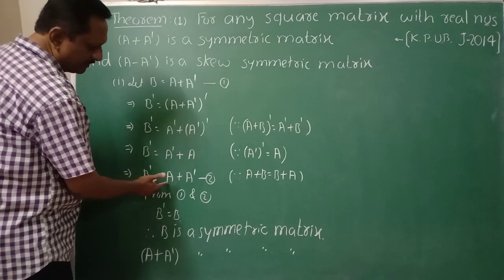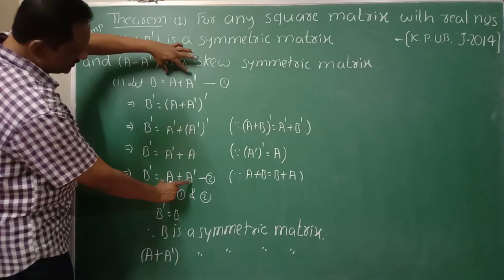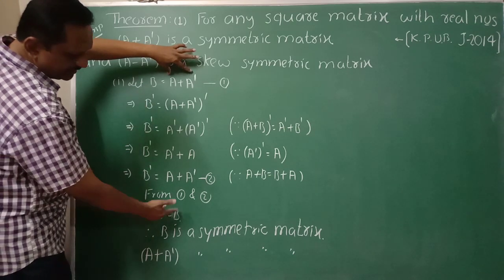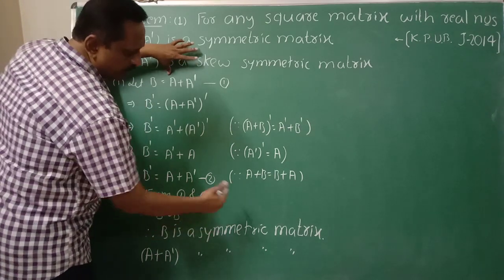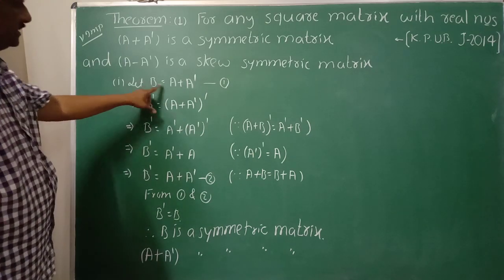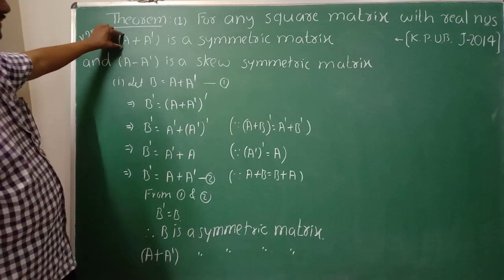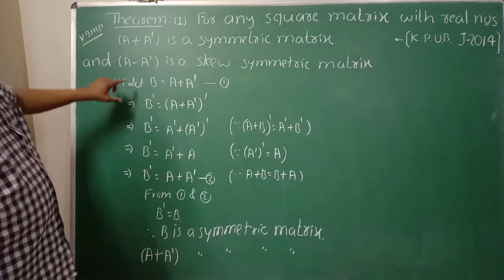A dash plus A can be written as A plus A dash. Here both are same here. Hence we can write B dash is equal to B here. If this condition satisfied, B is said to be symmetric matrix, and here B is A plus A dash. Hence A plus A dash is a symmetric matrix. This is the first result here.